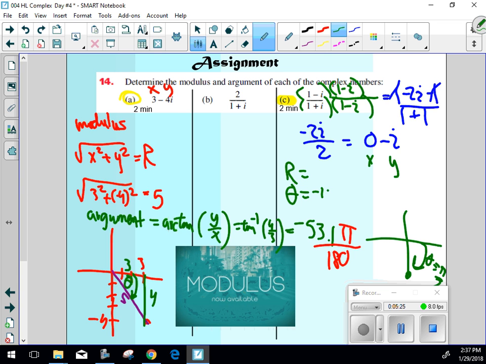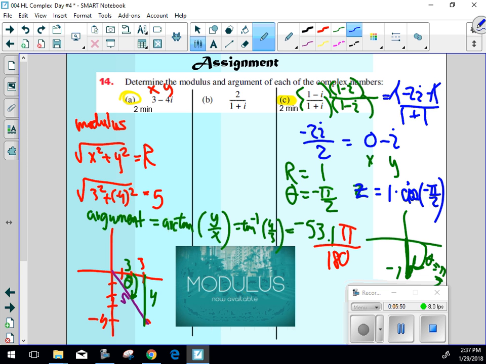So there, you don't even have to crank it out. And how far is it? If we're just going down here, -1, how far is that? It's 1. So the answer for z is z equals 1 times cis of -pi/2.